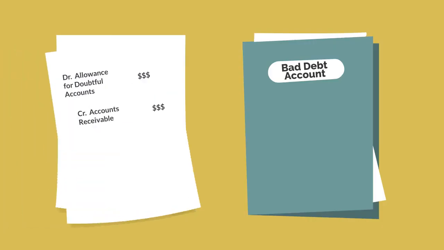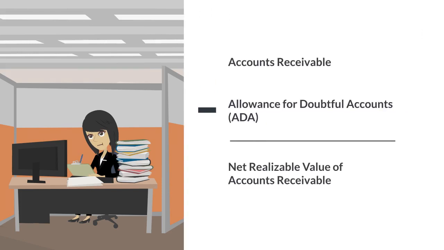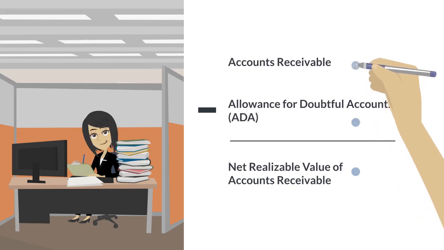Then, when the amount is determined uncollectible, we debit the previously credited allowance for doubtful accounts and credit accounts receivable. So out of all the accounts receivable on the sales to customers, the net realizable value of accounts receivable is calculated by subtracting the ADA account from the total accounts receivable.